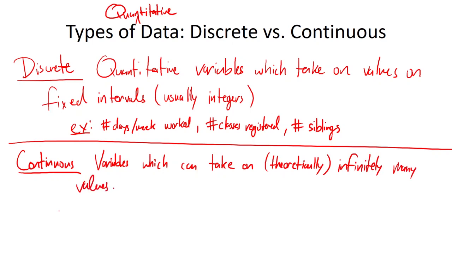An easier way to think about it is these are things that you could have decimal values or fractional values of, like you could have 31.1 or 31.15 or 31.2 of them. So age, things dealing with time.